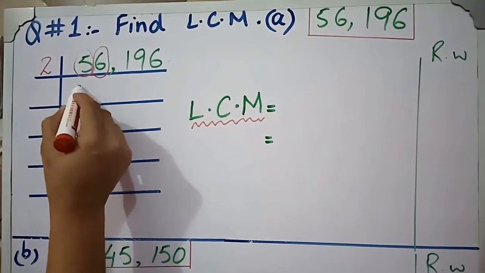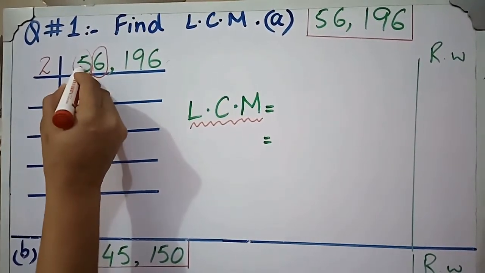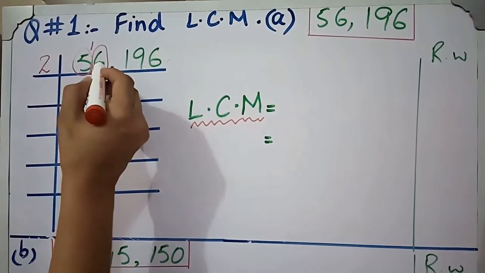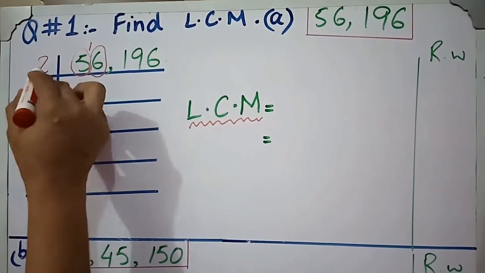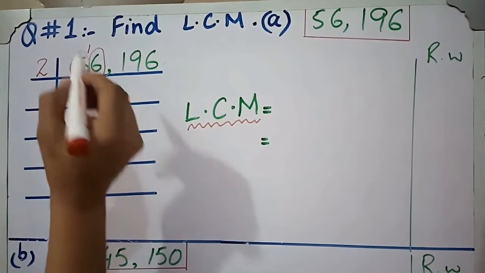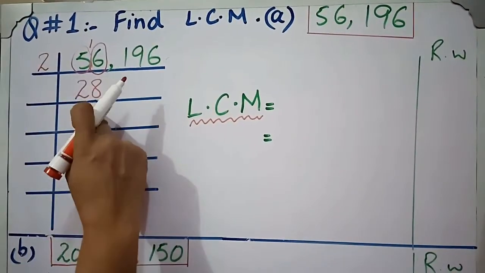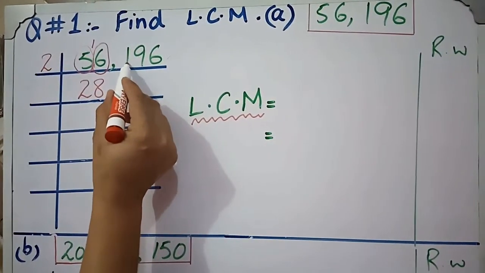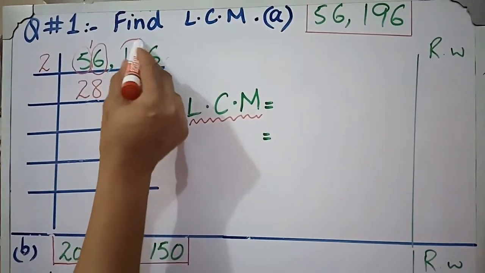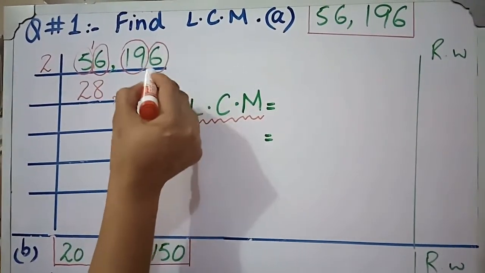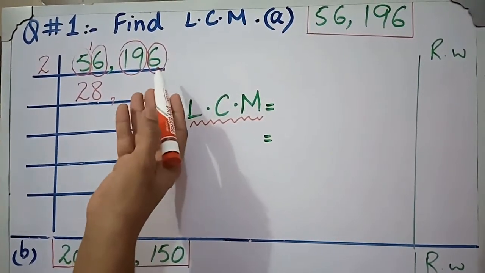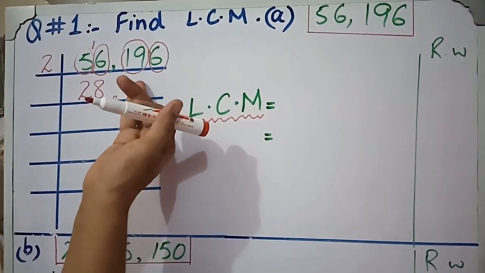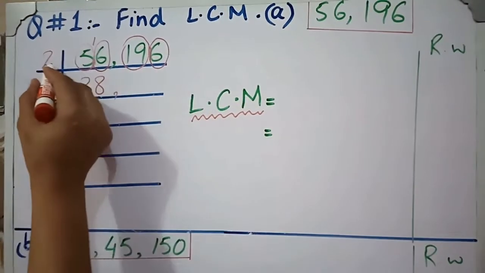Now 2 into 5 is 2, one is left, we carry 1 to make it 16, then 2 8s are 16, so 28, then 2 28s are 56. Clear? The next number is 196, and we will split the number into 19 and 6 to make it easier for you to divide by 2.